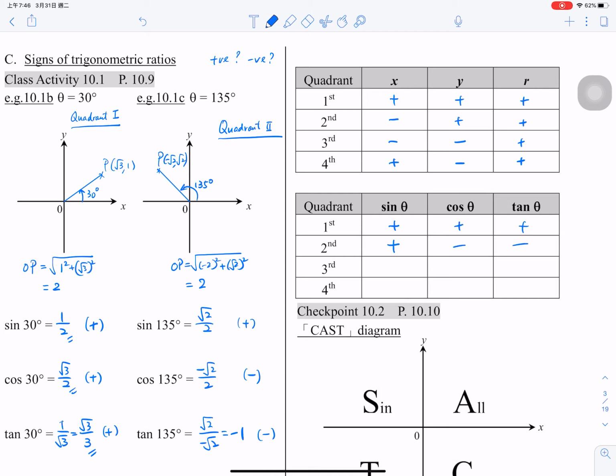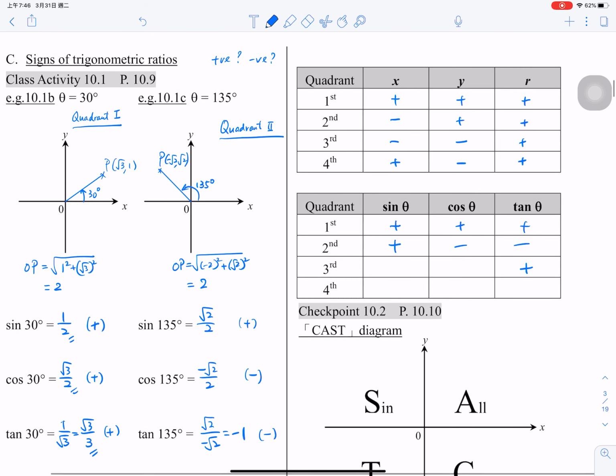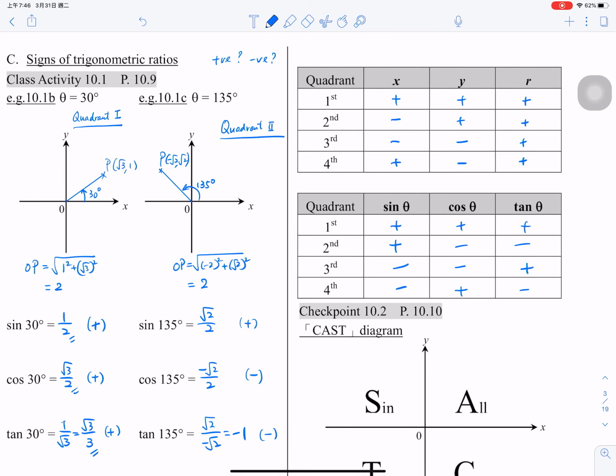The other two are negative. And for the third quadrant, x and y are both negative, so only tangent, which is y over x, is positive. The other two are negative. And lastly, in the fourth quadrant, only x is positive, so only cosine is positive. The other two are negative.